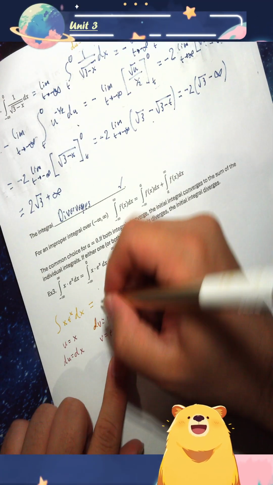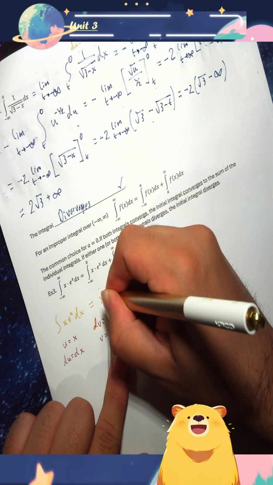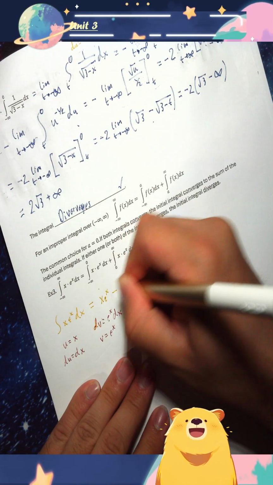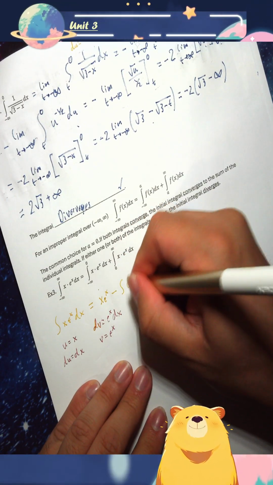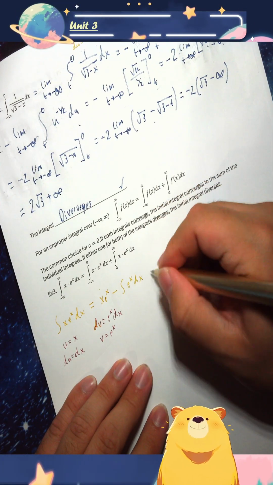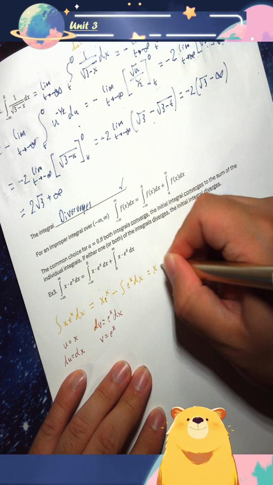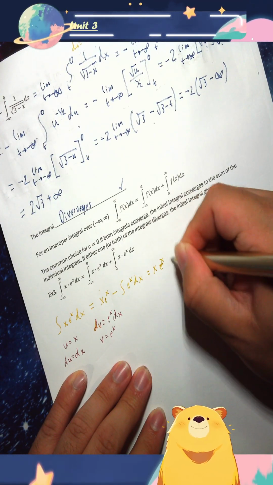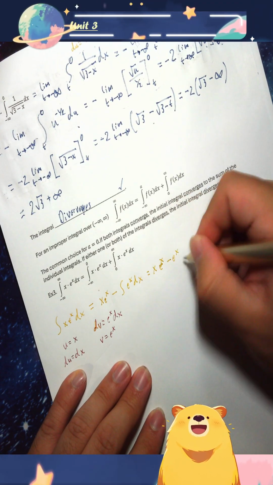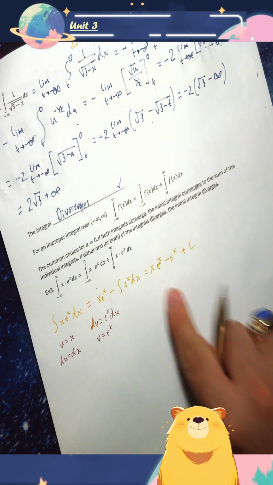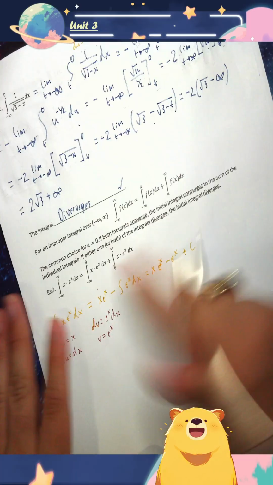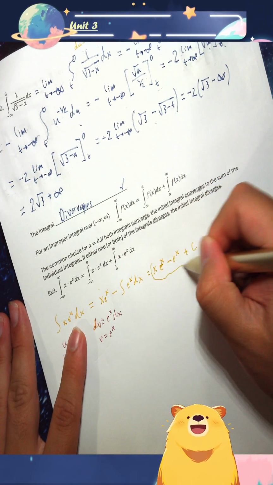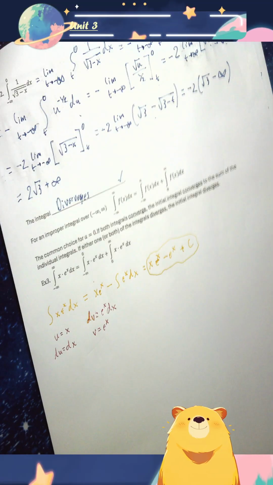Multiplying those two, we get x times e to the x minus the integral of e to the x dx, which is just e to the x. And then plus c, technically, right? But because we're about to plug it in here, we don't have to worry about this plus c, so this is part of our answer.